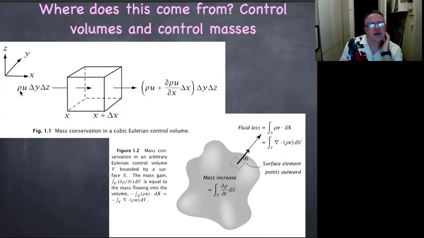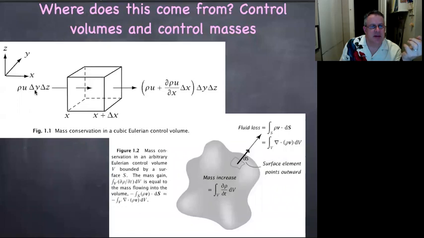So let's do the units. We have a density, velocity, length in y, length in z. So length times length per time, length cubed per time, times the density. And the density of a fluid is mass per unit volume, so that's mass per length cubed.